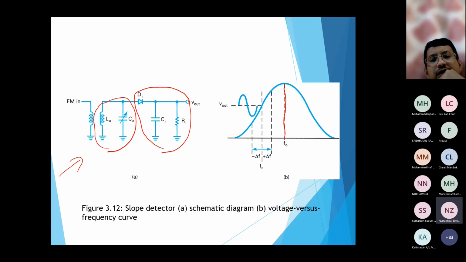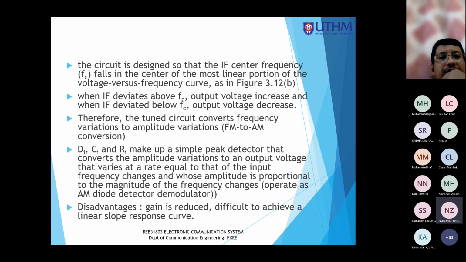And then if you see that the circuit is designed so that the IF center frequency, FC of IF, center of IF, falls in the center of the most linear portion of the voltage versus frequency curve.